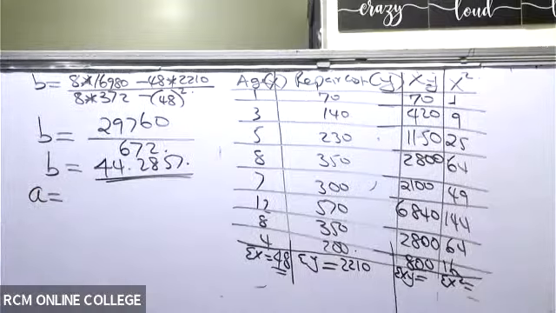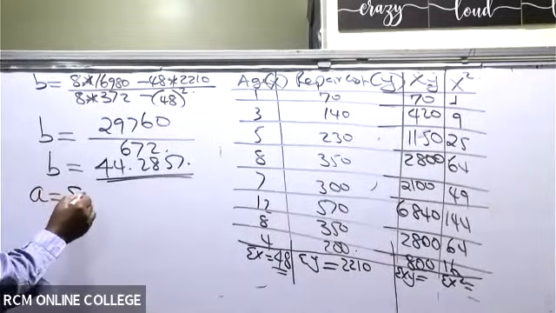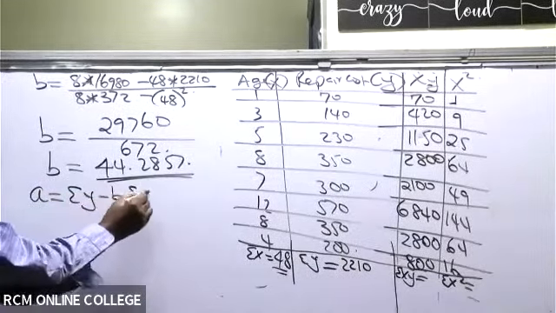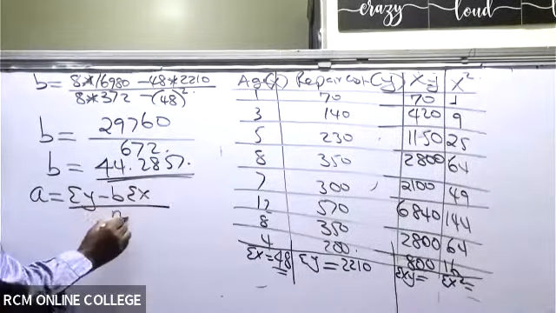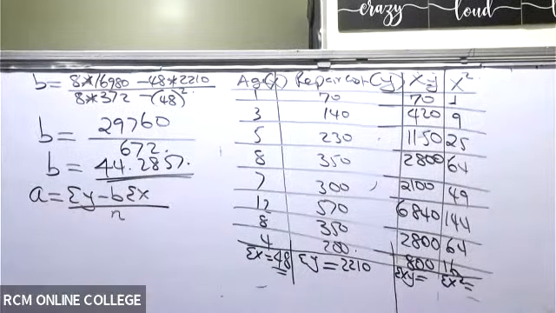To get A, we normally take summation of Y minus B times summation of X, divided by N. Do we have all these parameters? Yes, we do.